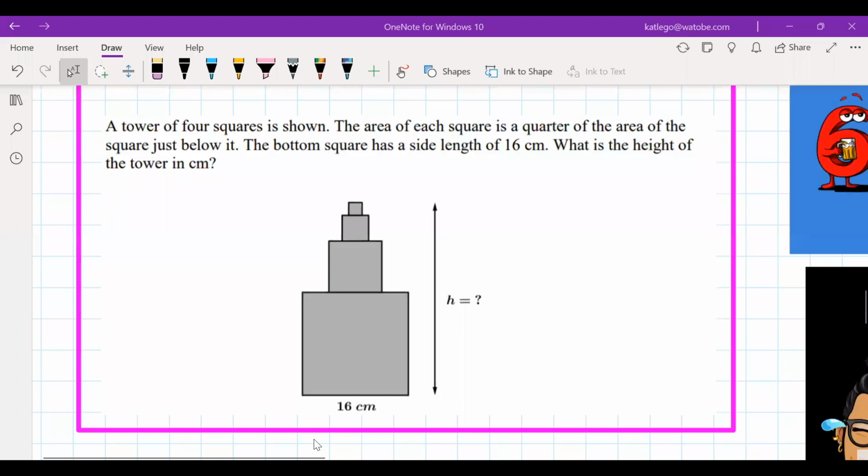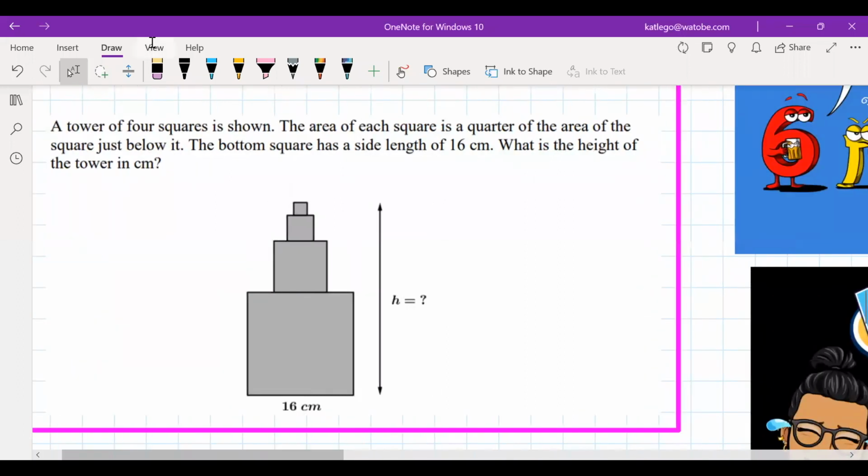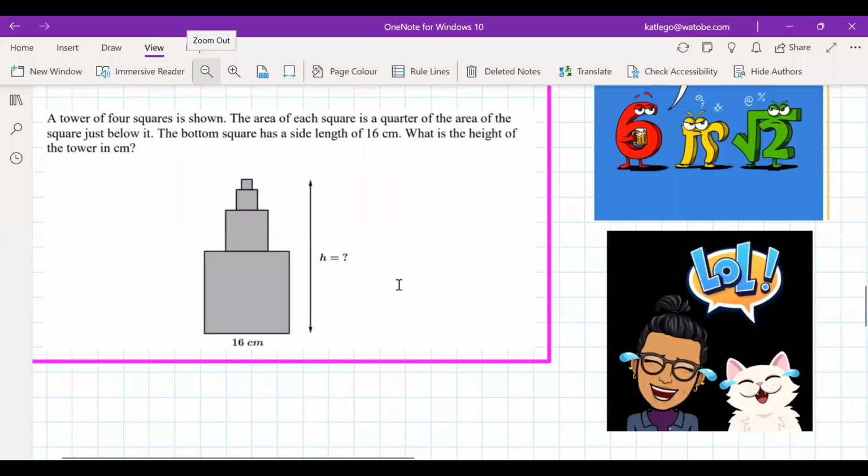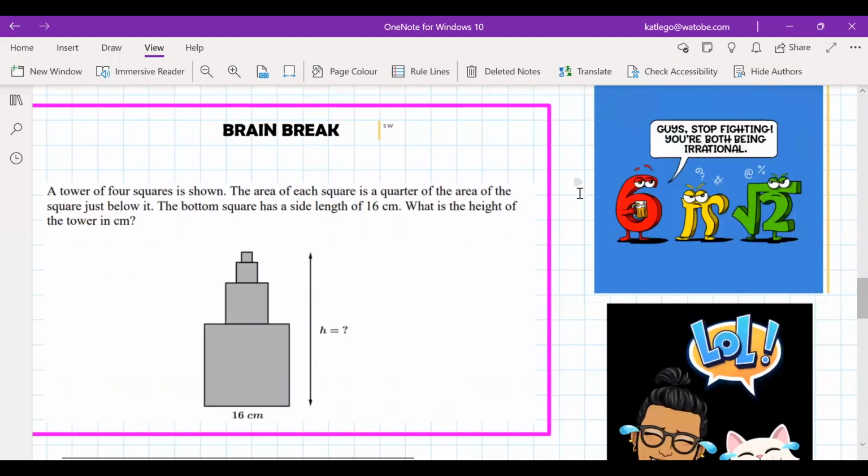And if it's too much for you, let's look at the joke. It says, guys, stop fighting, you're both being irrational, speaking to the square root of 2 as well as pi. We both know those are 2 irrational numbers. Who wants to try this one for me? Who's going to tell me the answer?